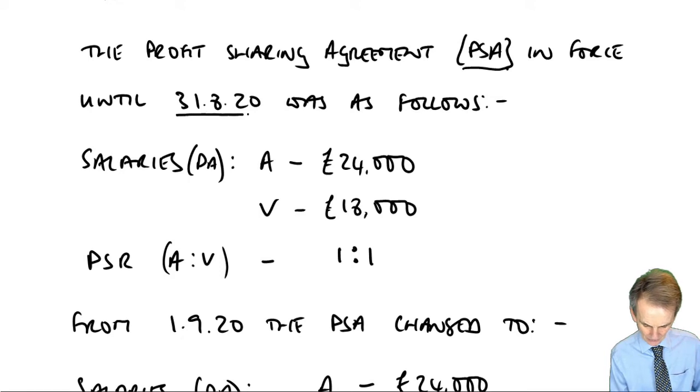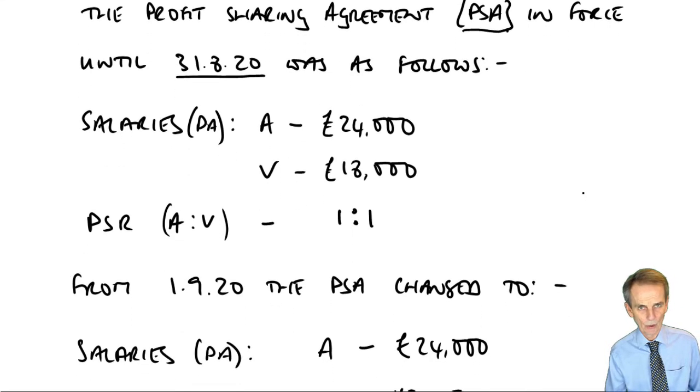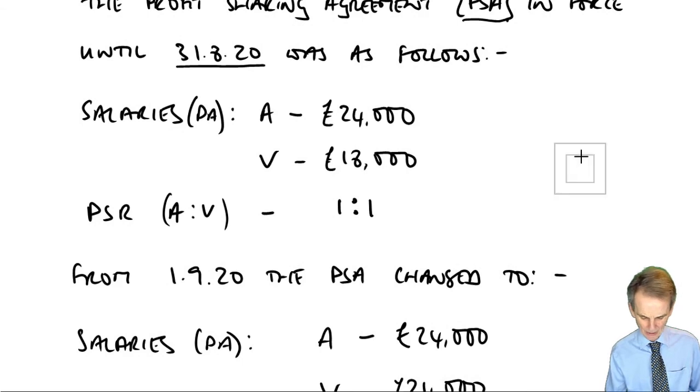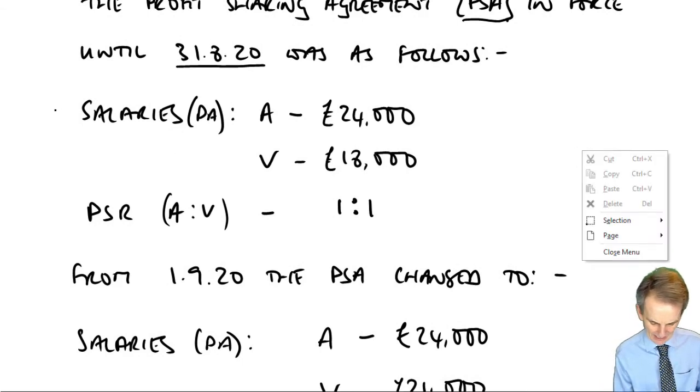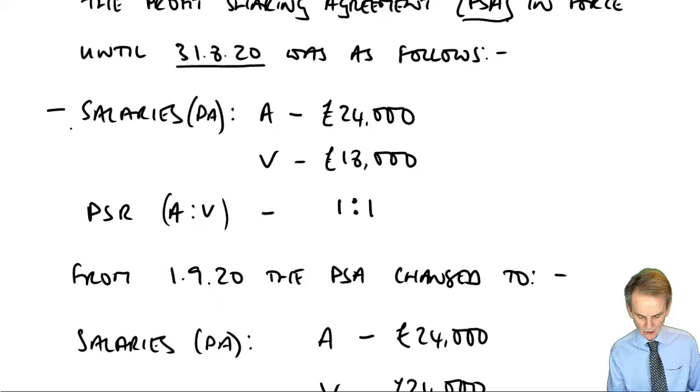Up until the 31st of August 20, so the first 8 months worth of that accounting period, partners A and V were being credited with salaries of respectively £24,000 per annum and £18,000 per annum.